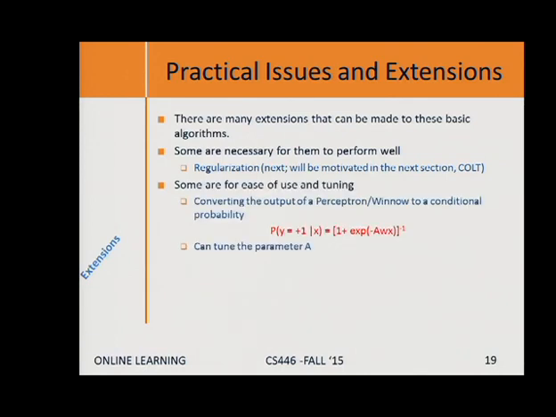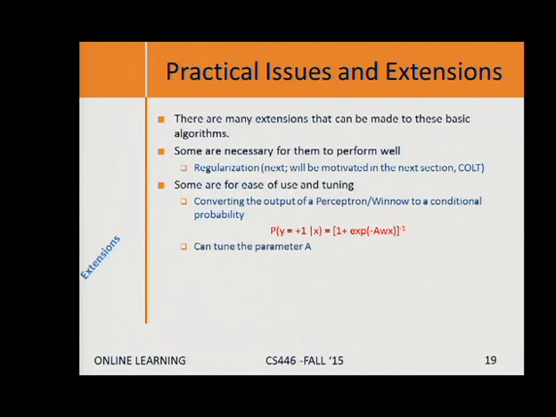Some are just for ease of use and for tuning. For example, often we want to convert the output of the classifier. The output of the classifier is a dot product, w·x. It's a real-valued number. And I often want to convert it so that it will be between 0 and 1 and will behave like a probability distribution. So I can say that the probability of y being 1 given x is the probability of something.